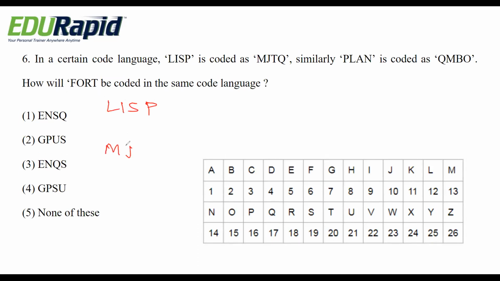LISP is coded as MJTQ, PLAN is coded as QMBO, FORT is coded as what?